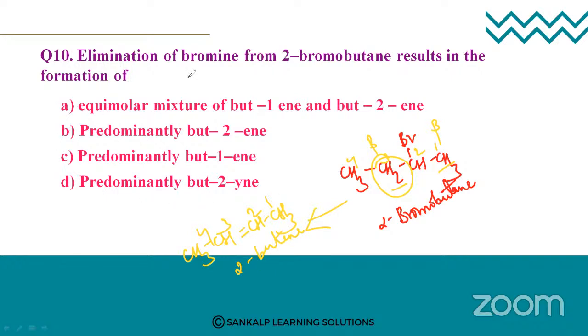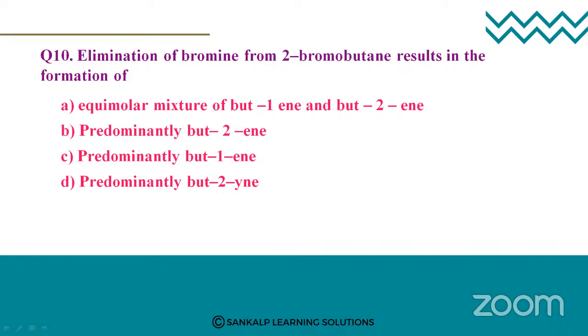Yes, it is B. Predominantly but-2-ene is formed, because if you follow the Saytzeff rule, it will give you the major product. So the answer will be B. I hope it is clear. You have to apply the Saytzeff rule.